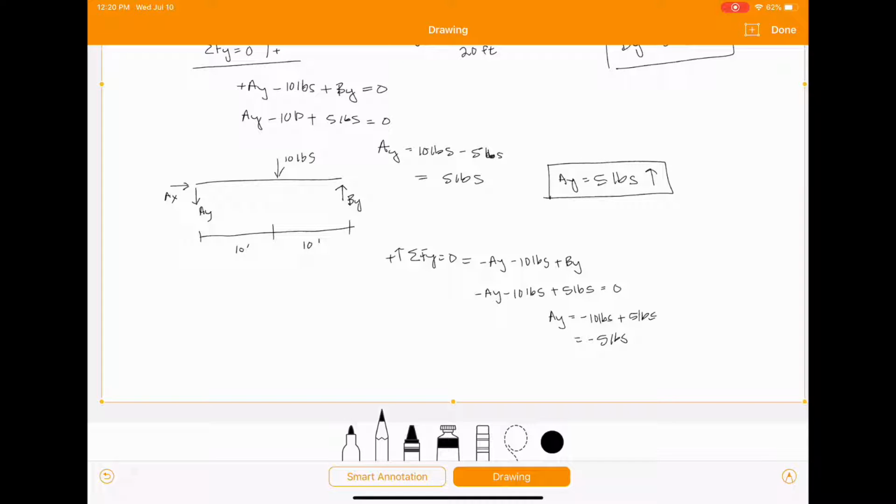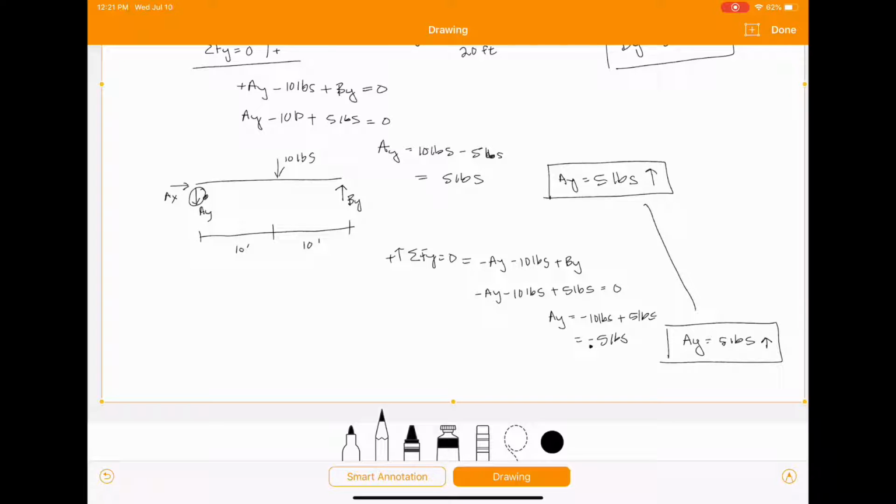So because this came out negative, we know that we drew this arrow in the wrong direction. So AY equals 5 pounds, direction opposite, that's what this negative means, opposite of what we drew here. So it's going to be up.